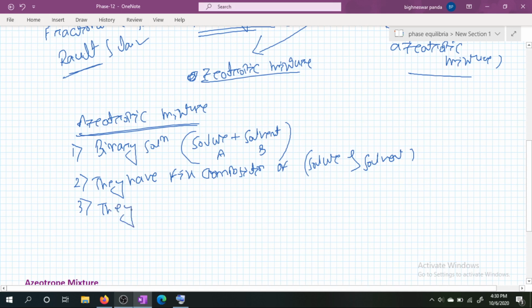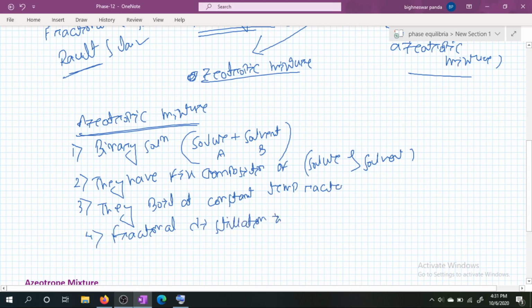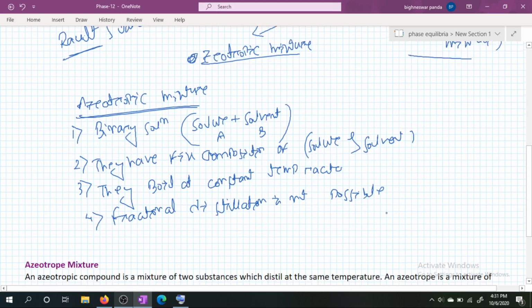They boil at constant temperature, and for an azeotropic mixture fractional distillation is not possible.